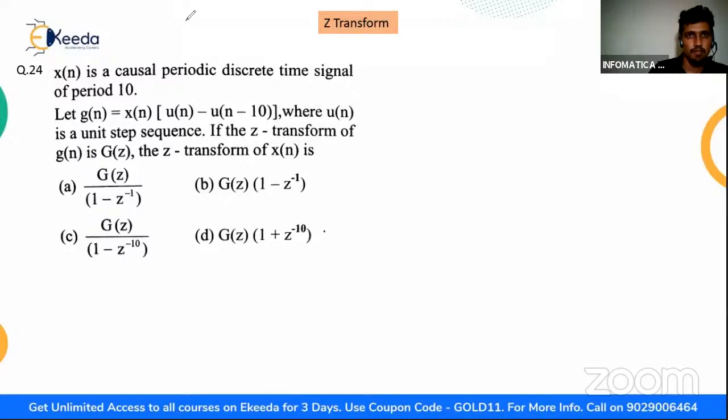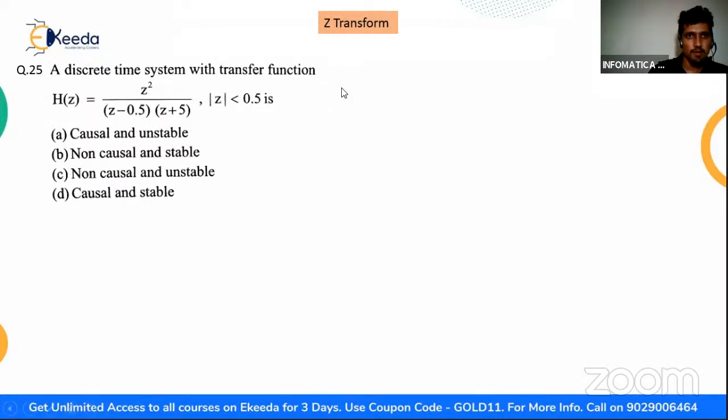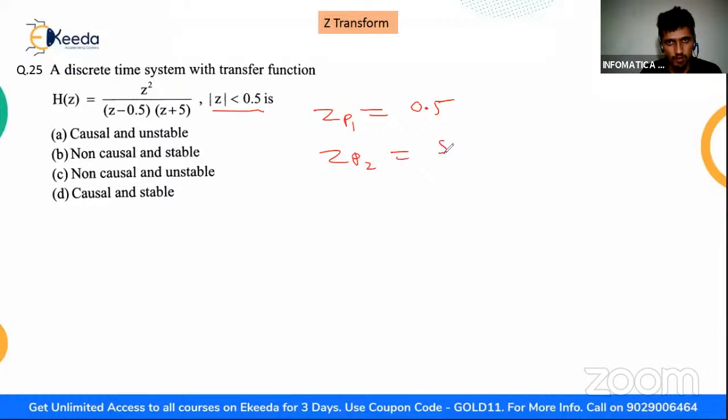Now coming to the next. They have mentioned the Z transform. Since we know the poles are at z_p, one pole is at 0.5 and the other pole is at 5 minus 5.